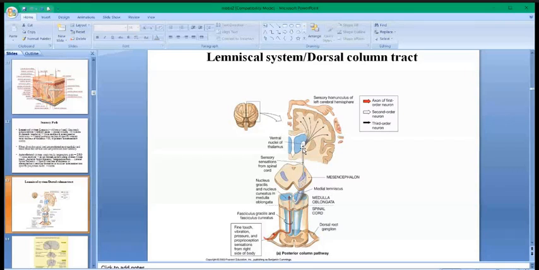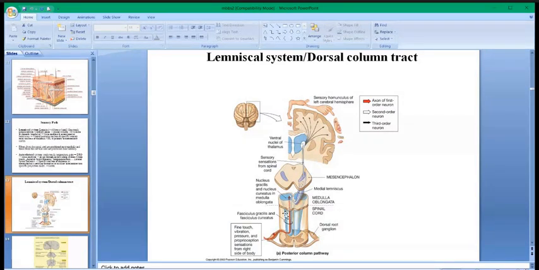This nucleus is called VPL, ventral posterolateral nucleus of thalamus. This is where the second order neuron ends. From here, third order neurons come and go to the whole sensory cortex, right? This is the third order neuron. So first order neuron does not cross, third order neuron does not cross, but second order neuron crosses. Am I clear?